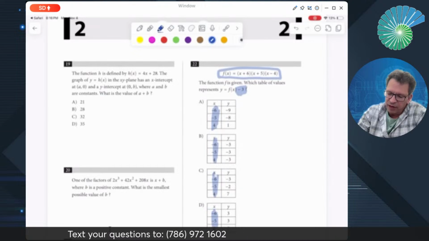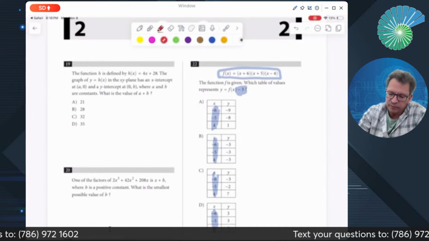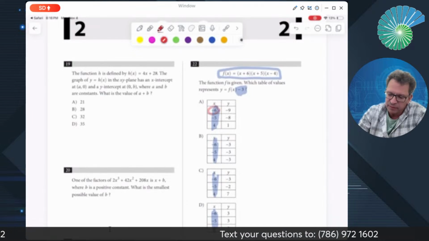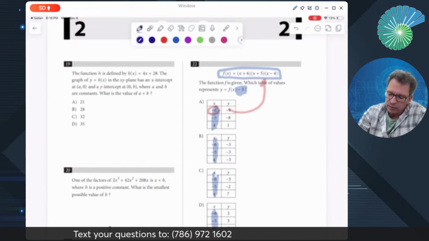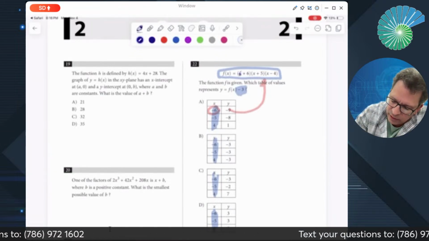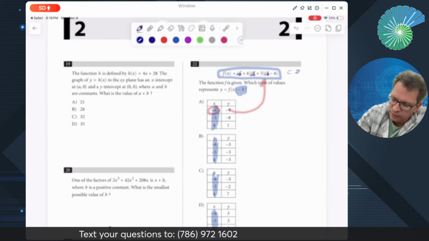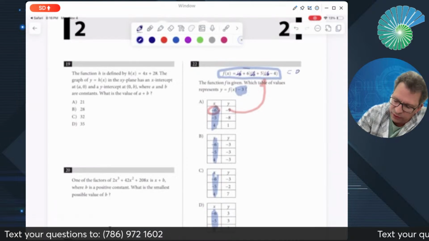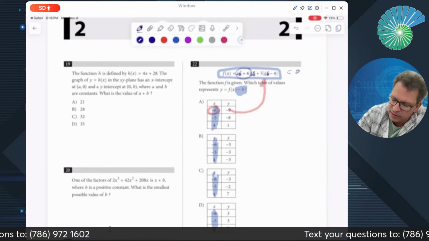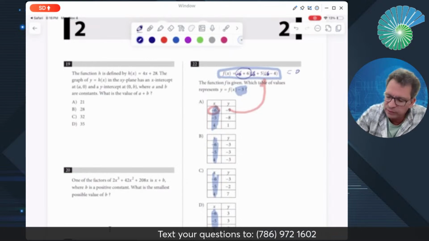So if I plug in -6, for example, into this function, that means that I replace the x with the -6, -6 here, -6 here, -6 here. I get 0 because this first parentheses will become 0, and 0 times anything is 0.